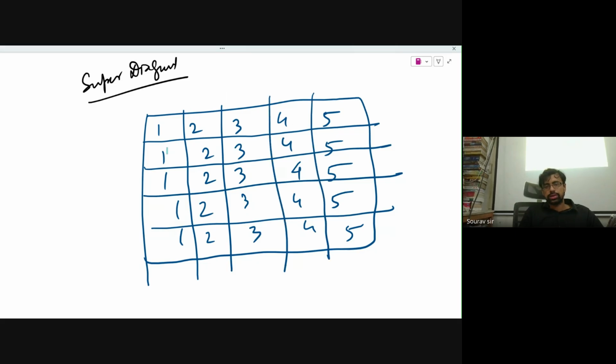So first case is चला गया. Pink one is 2 3 4 5. This is the first super diagonal. Second super diagonal, and तो कलर कम पड़ गया रे। 4 5.